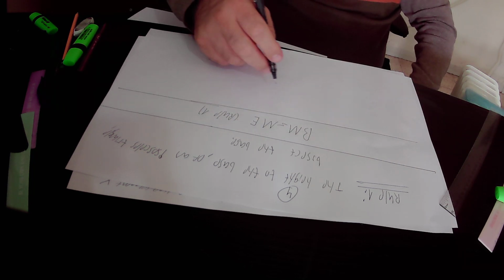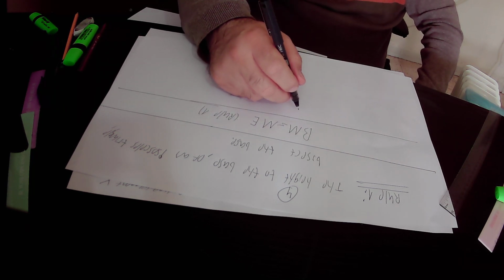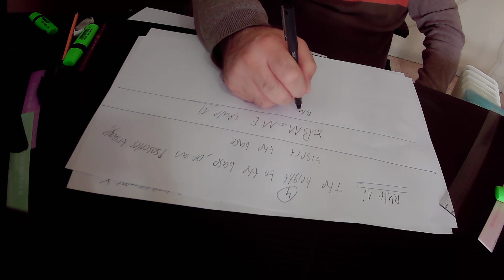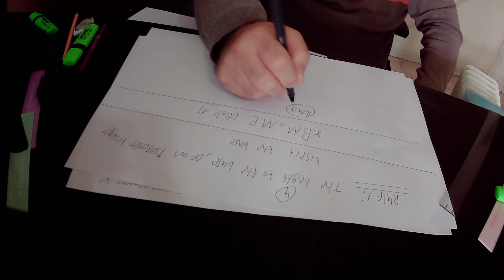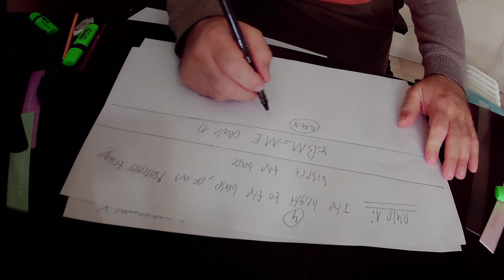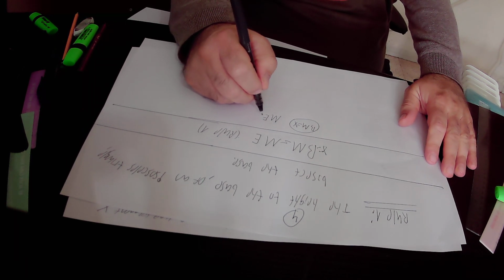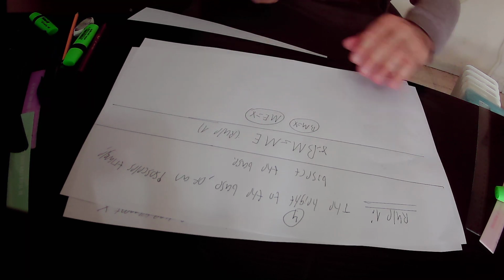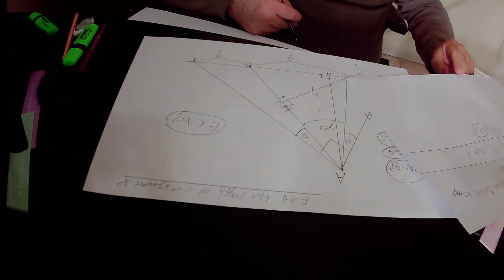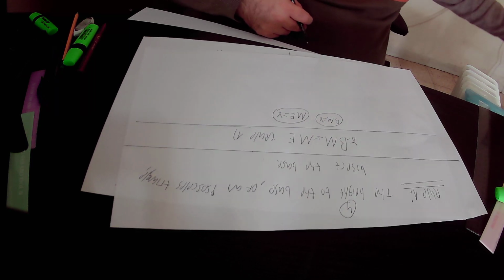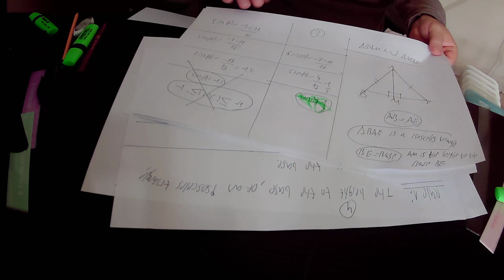So if we define BM as X, BM is equal to X according to our definition, then from this equation, X equals BM equals ME, we will derive that ME is also equal to X. So what is the value of BE?